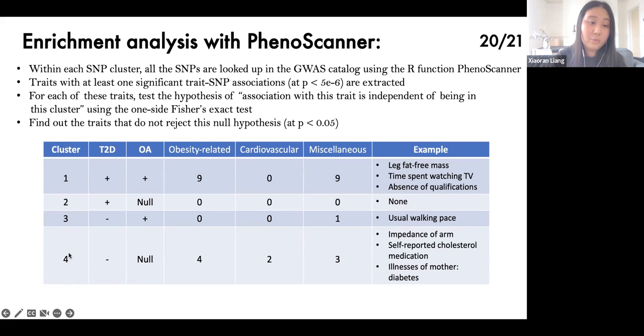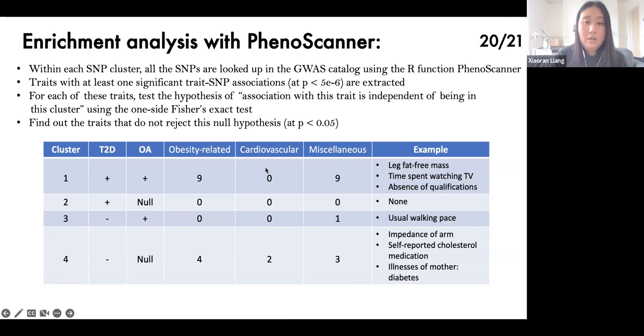And cluster 4, which identifies a big negative effect for type 2 diabetes, but no effect for osteoarthritis, is enriched with 4 obesity-related traits, and it is the only cluster which is enriched with cardiovascular traits, which are lower cholesterol medication and a lower risk of diabetes for mother.